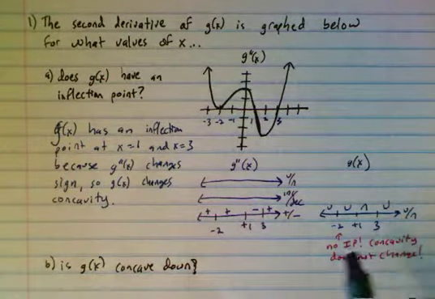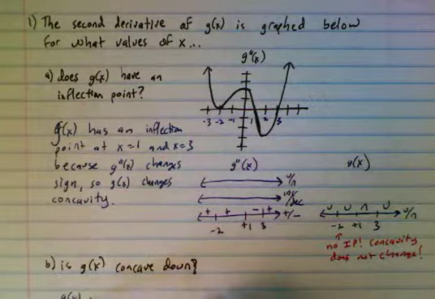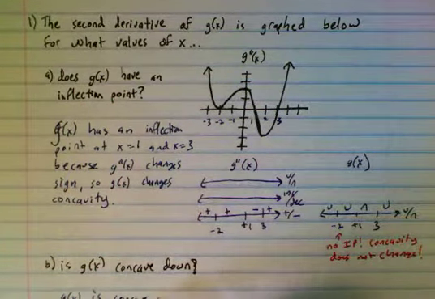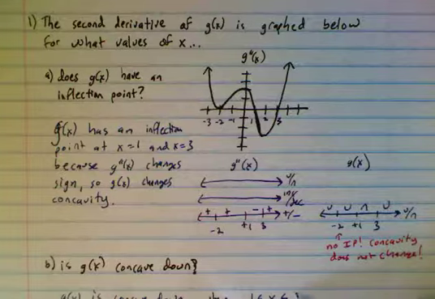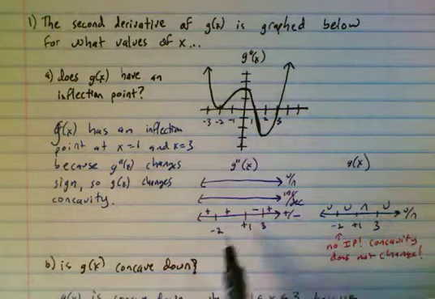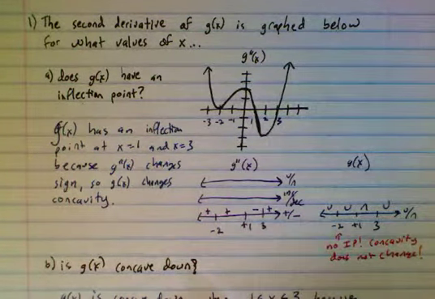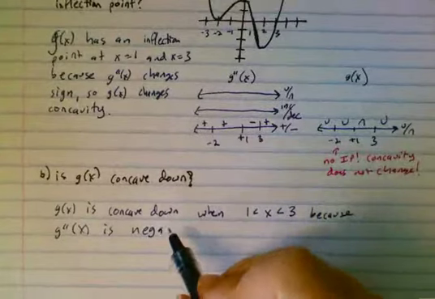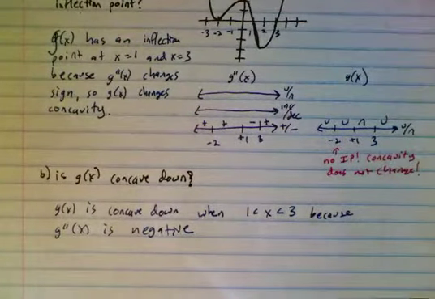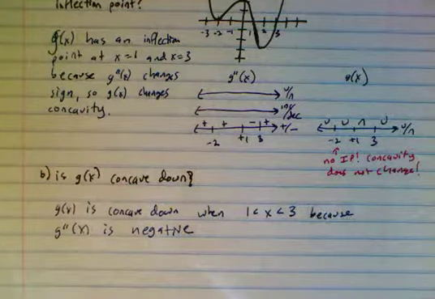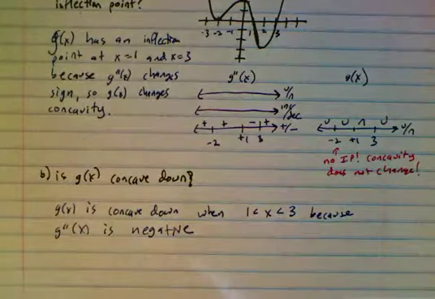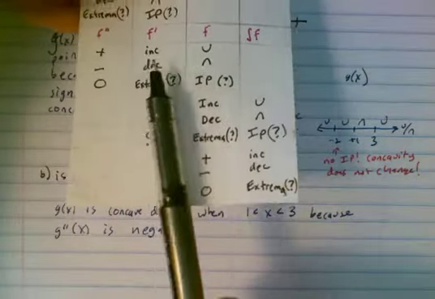And looking right here, we can see that g of x is concave down when x is between 1 and 3 because g double prime of x is negative. Oops, helps if you can see that. Okay, so same ideas that we did with first derivative graphs. It's just we're translating from here to here instead of from here to here.